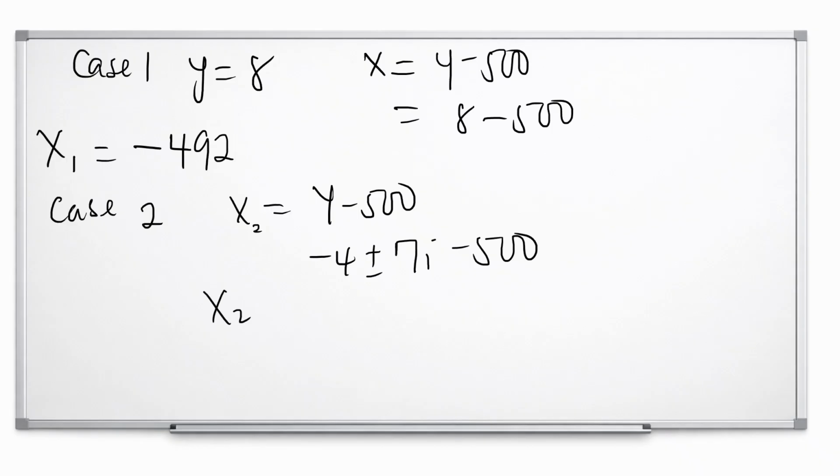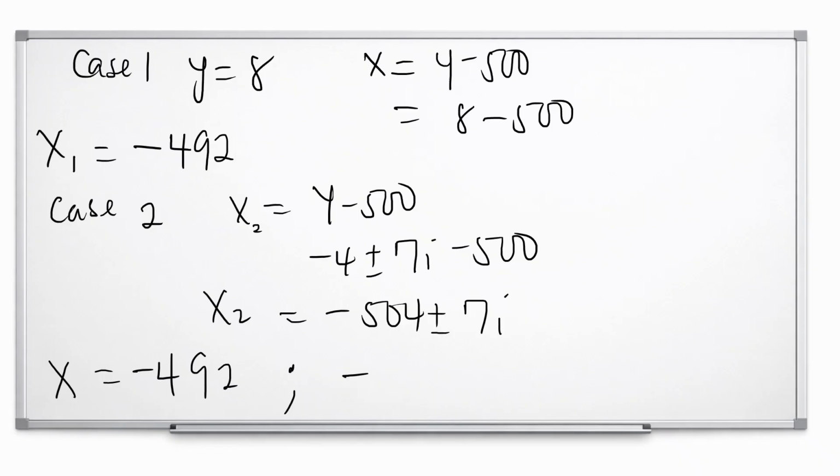So the second case for x is going to be -504 ± 7i. So the two values for x are -492 and -504 ± 7i.